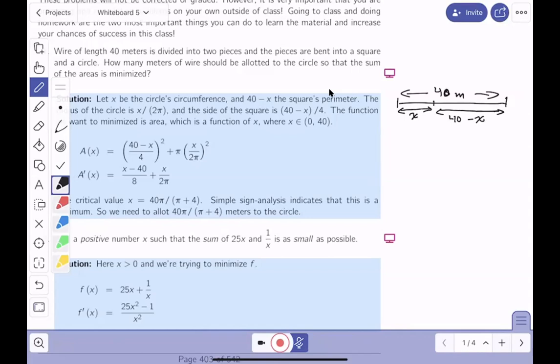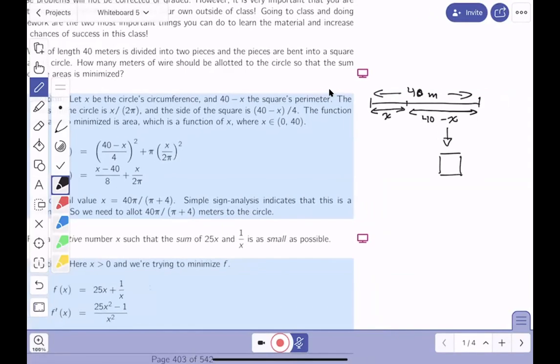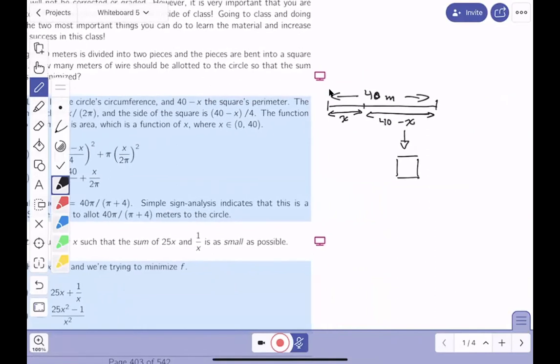So I'm going to take this piece here and bend it into a square. Now, I'm not saying it's the best looking square, but it's my square. If that's bent into a square, the length of each side has to be the same. So the length of this side over here is going to be (40 minus X) divided by 4.